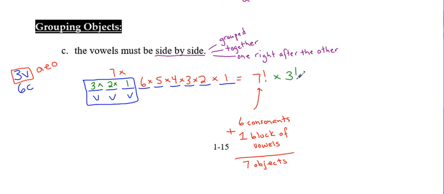So you have 3 vowels arranging themselves within these 7 objects arranging themselves. So that's going to be 7 factorial times 3 factorial, and that works out to 30,240 arrangements.